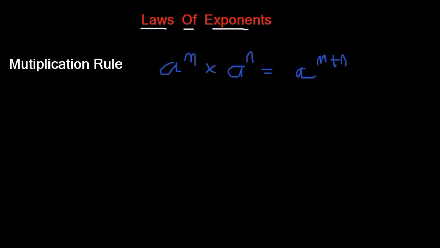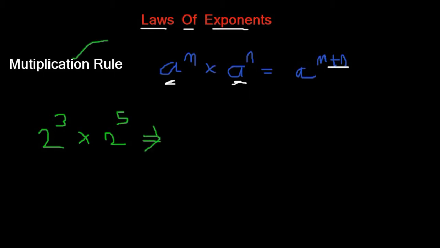Okay, now let's continue our concept. In this case, when the bases are the same, the powers must be added. This is the multiplication rule. Now for an example, let's take 2 cube into 2 power 5.